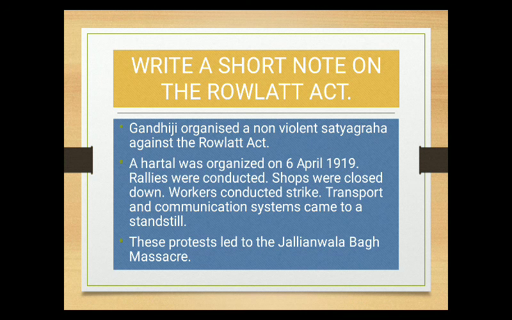Not only that, they started firing on the peaceful procession, and because of that many people got angry and started attacking government post offices, railway stations, and banks. Because of that, martial law was imposed, and who took the command? General Dyer took the command.